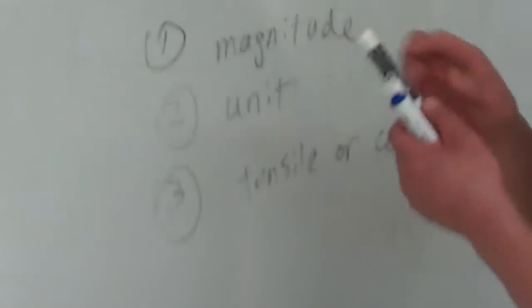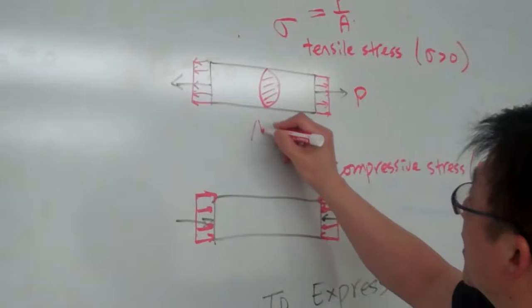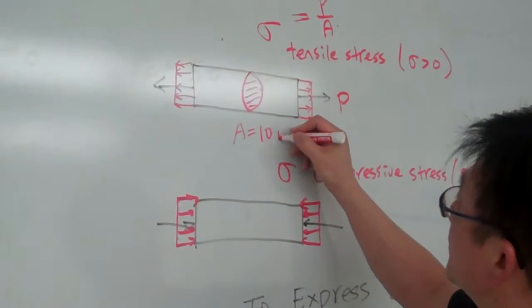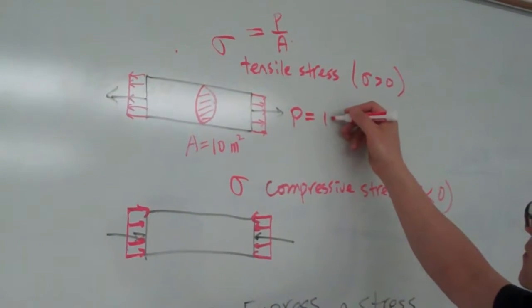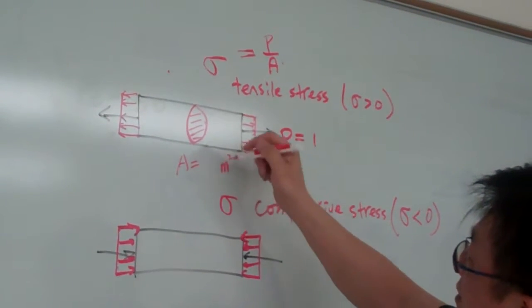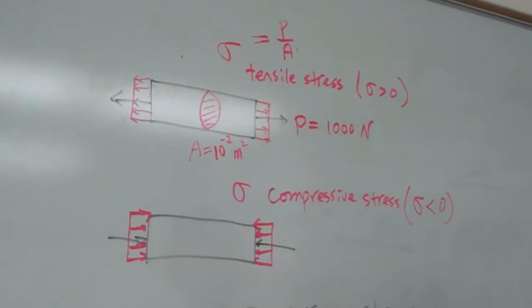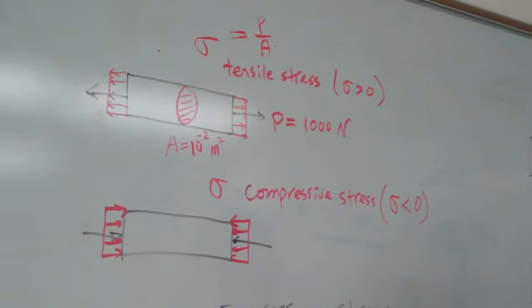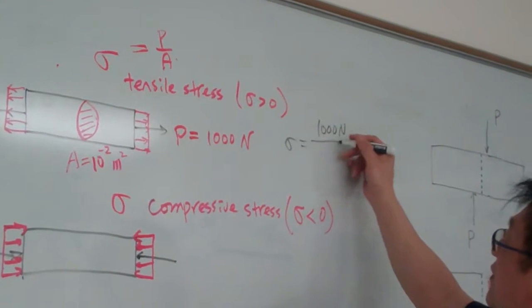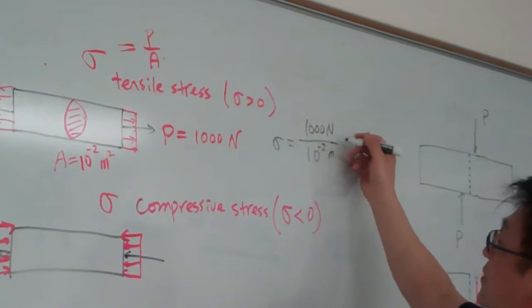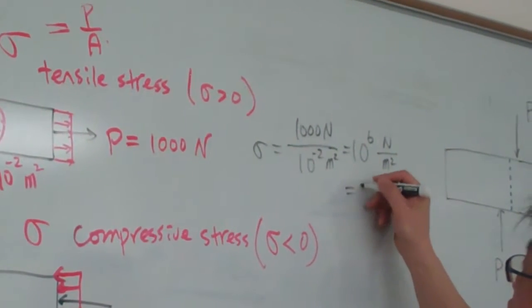So for example, let me say this area A is equal to 10 to the minus 2 meters squared, and say P is 1,000 newtons. For this case, the stress will be equal to P, 1,000 newtons, divided by area 10 to the minus 2 meters squared. So basically this is 10^6 newtons per meter squared, which is 1 MPa.